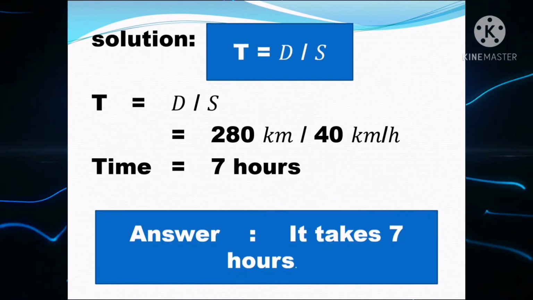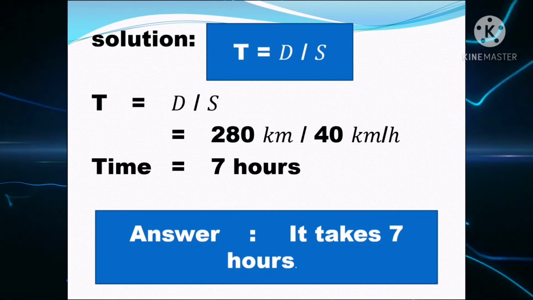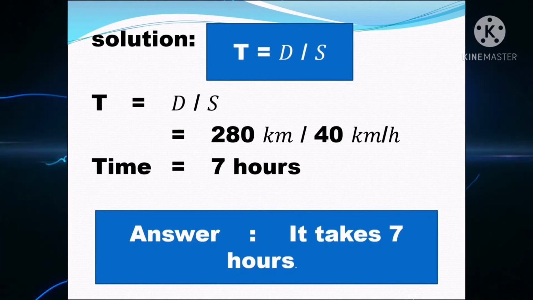So for our solution, we have 280 kilometers divided by 40 kilometers per hour. Since we omitted kilometer as the unit of measure, our answer is 7 hours because 280 divided by 40 is equal to 7.